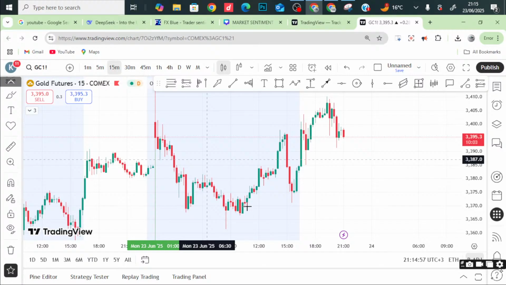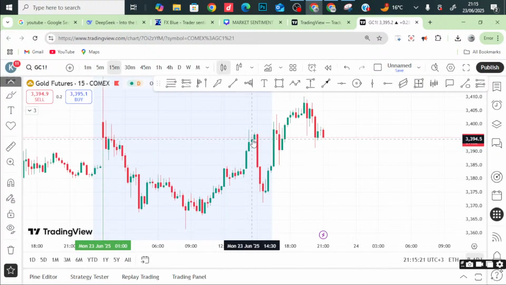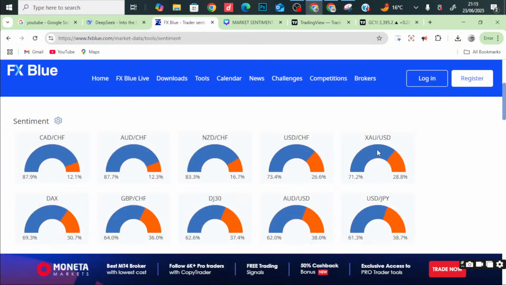It became bullish for some time, trying to move back to the sell position. According to the trader sentiment, the market was bullish. We go, we're looking for a buy position.